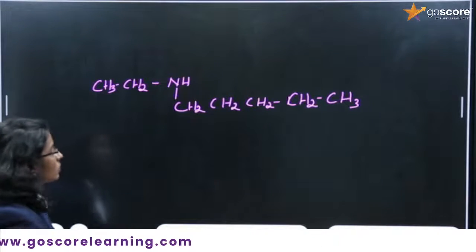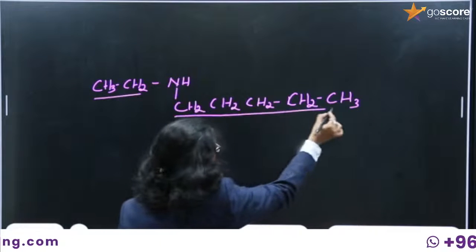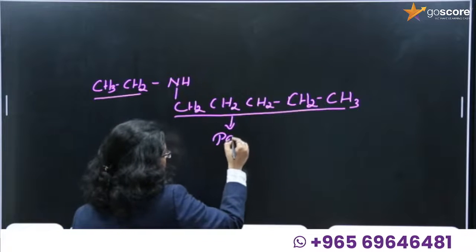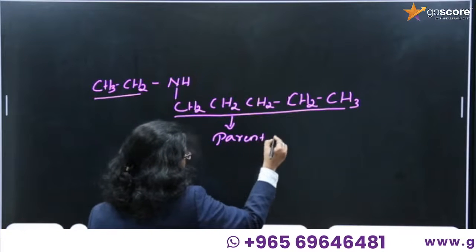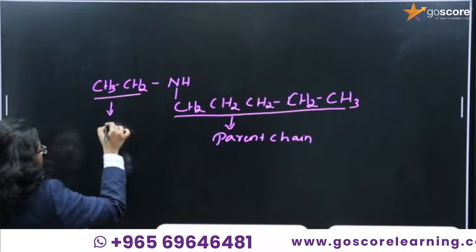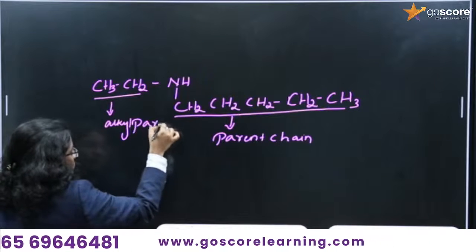So first you have to consider the longest carbon chain. This is the parent chain, and this is the alkyl part.